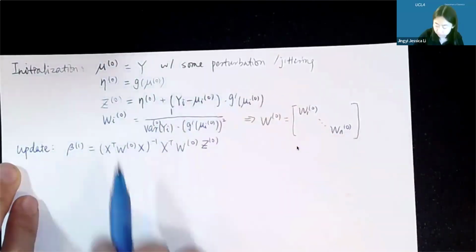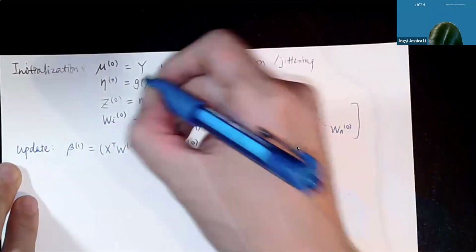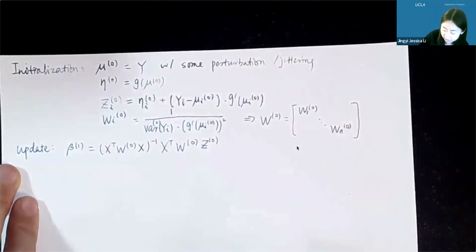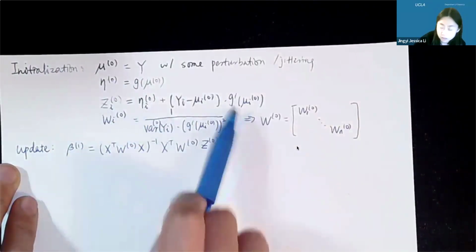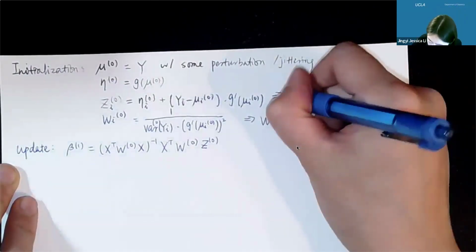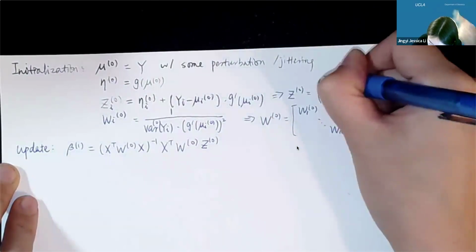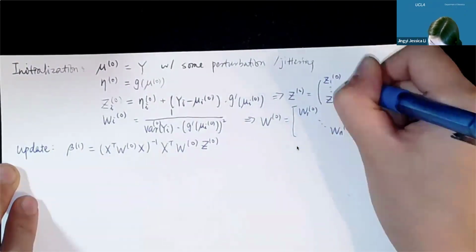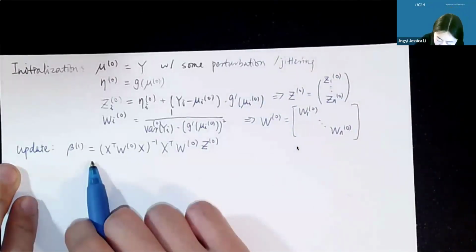Oh, by the way, I should put Zi here. I missed the subindex I, because I will use the vector, but this is the scalar. So then this will give me Z0 just as a vector, Z10 to ZN0. All right, this is the beta update.